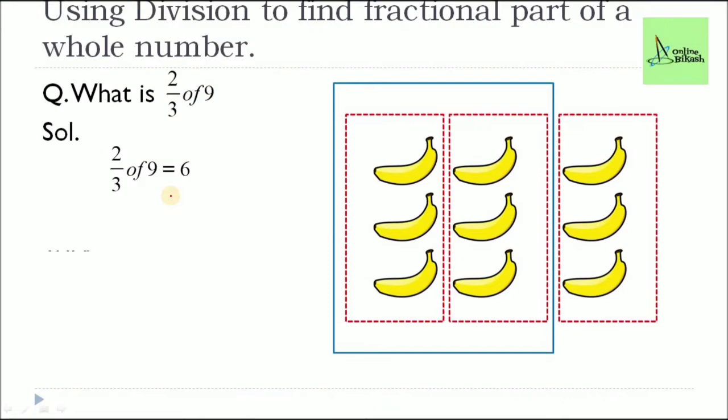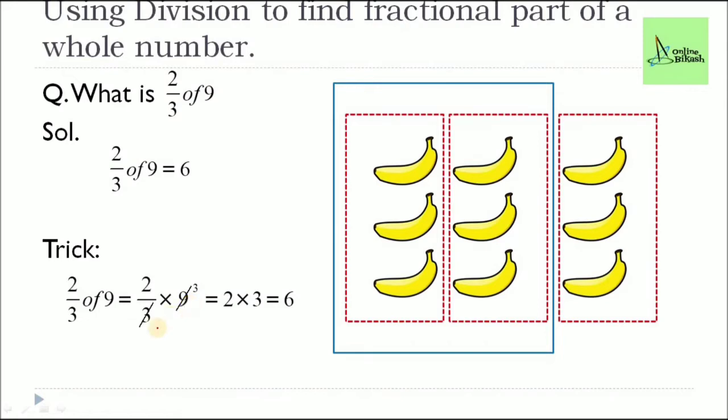Now you can do this by a short trick. Do you like to see the trick? This is the trick. First we have written the question 2 by 3 of 9. Then after putting this equal sign, change this 'of' into a multiplication sign. You see, this 'of' has changed to a multiplication sign. Now 2 by 3 into 9.